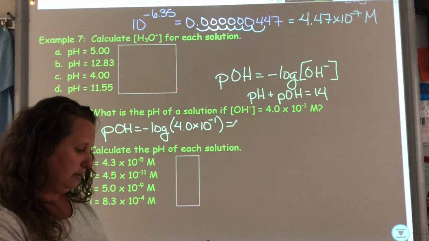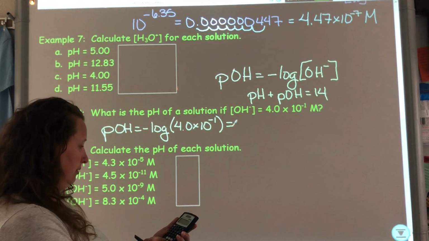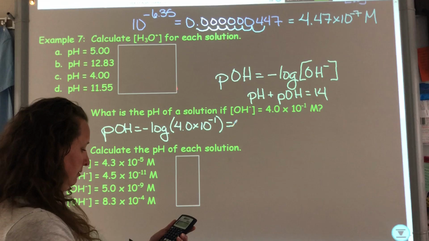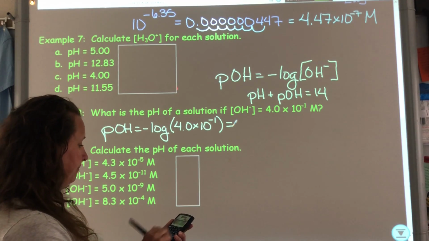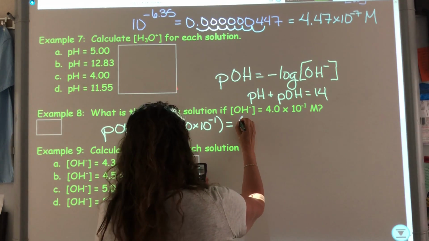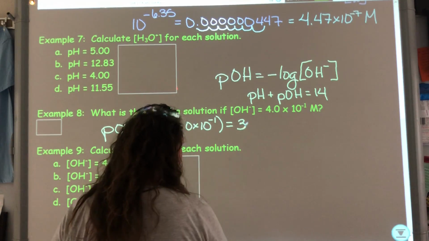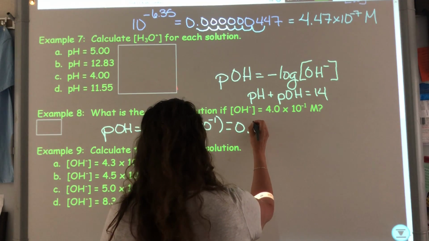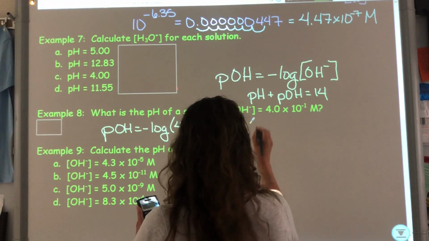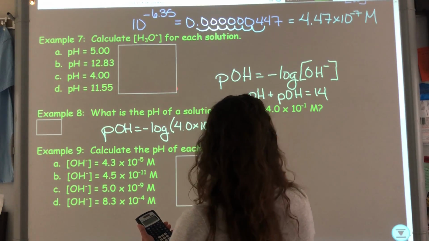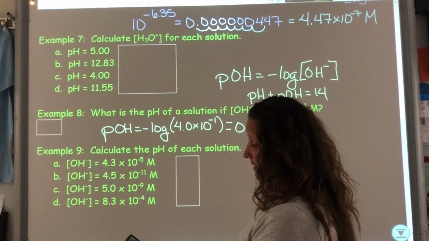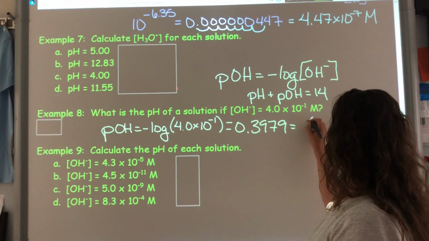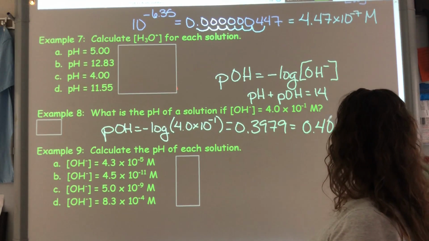And I get, and we need 2 significant figures, so it turns out to be 3979, right? 3979, which actually rounds to 0.40.